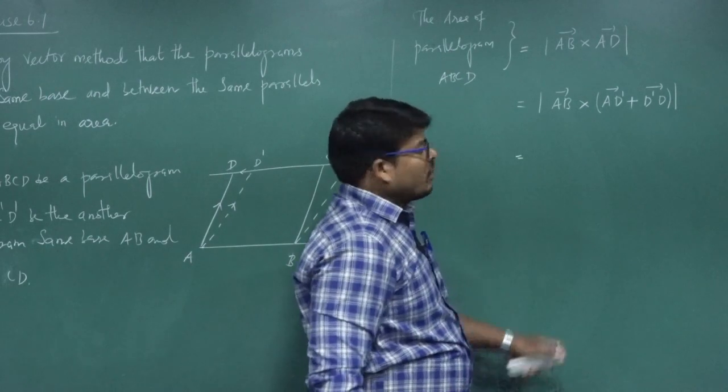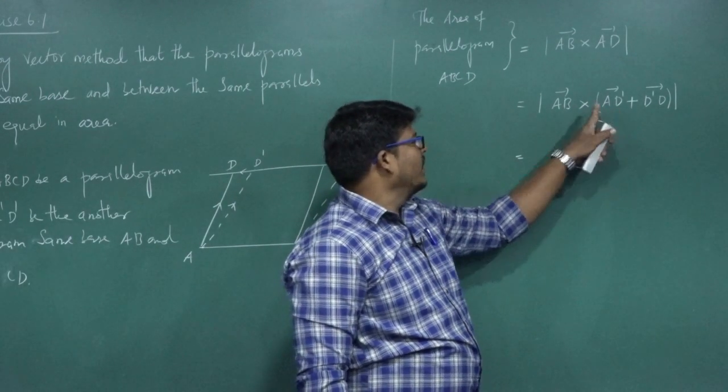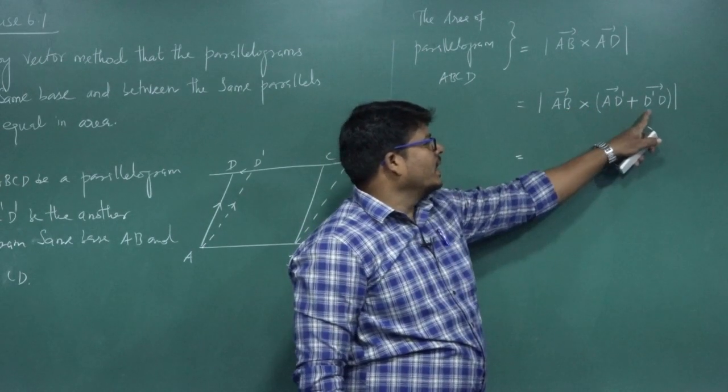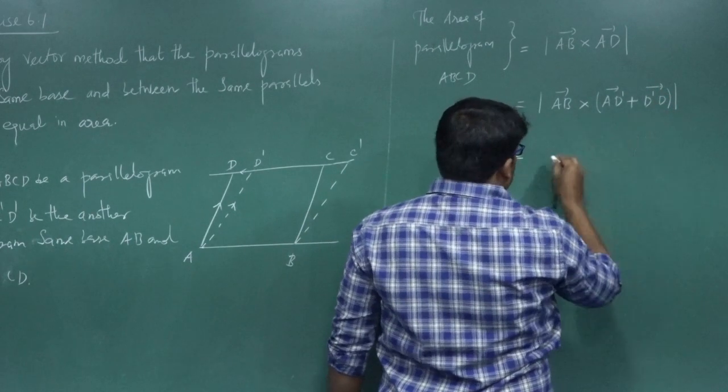Now multiply AB vector into this bracket: AB vector into AD' vector plus AB vector into D'D vector.